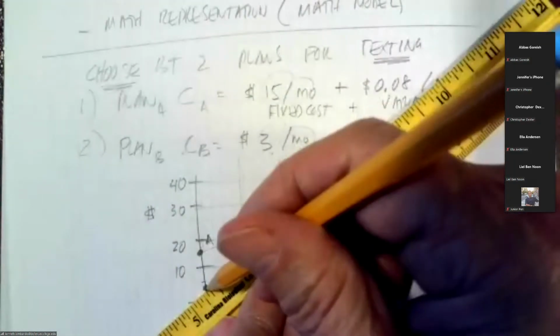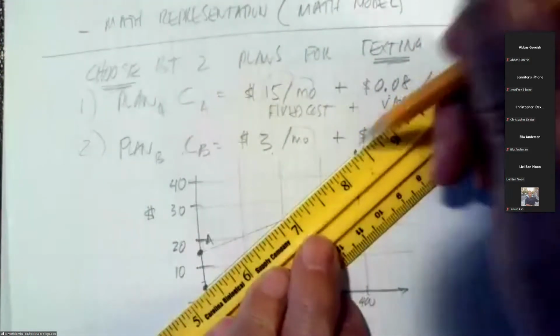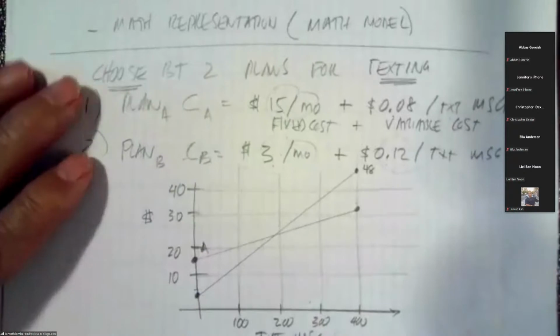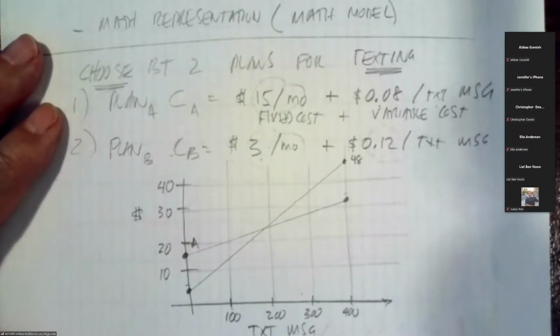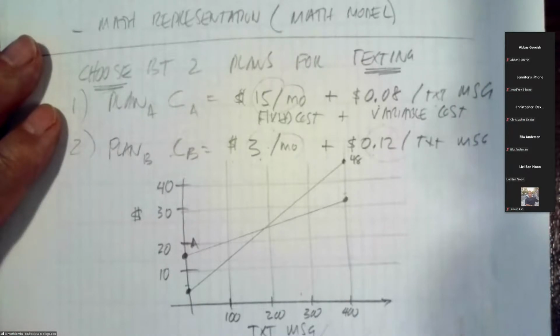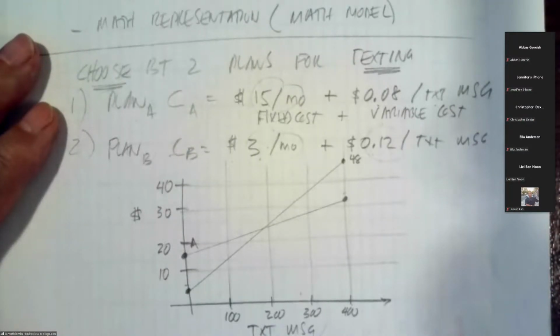Is there a question there? Go ahead, give me a question. I was asking, for the 400 text messages, would you need to add the 15 and the 3 for each plan because that's the monthly cost?